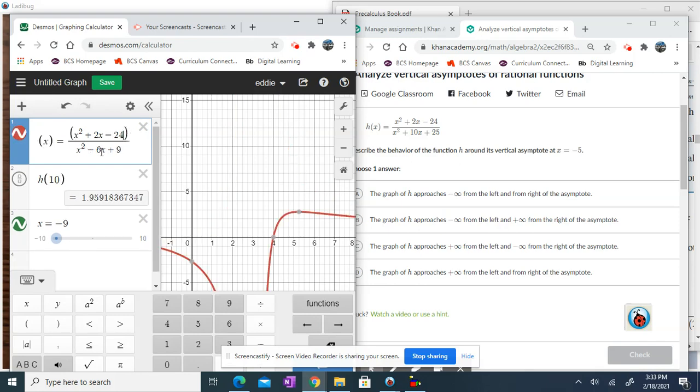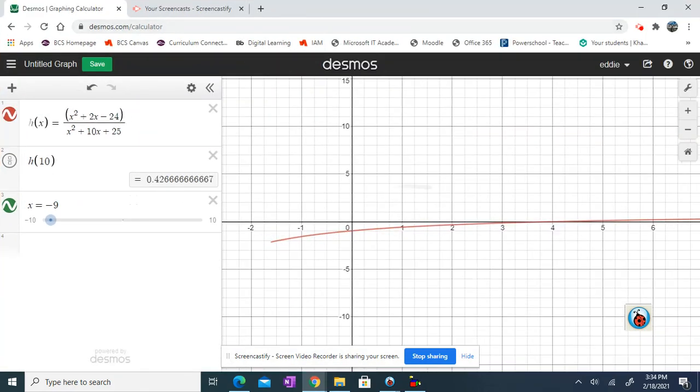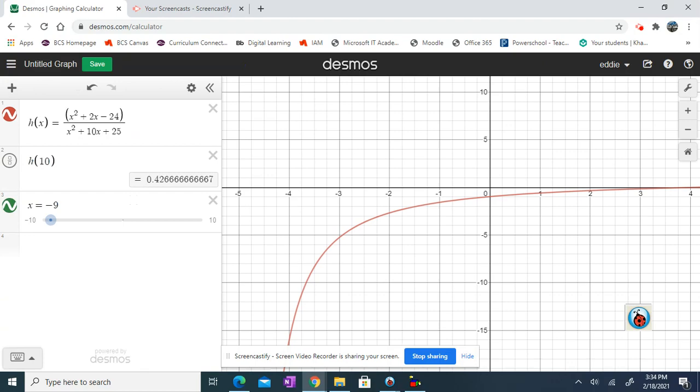And that's plus 10x here. 25. Okay. See what's going on. So the asymptote is supposed to be at negative 5. There it is. You can see what's happening.